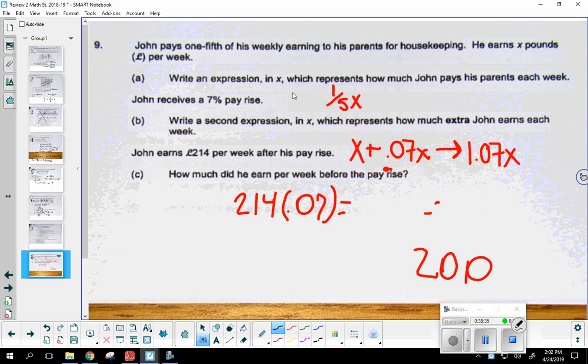I feel like I did 214 times 0.07 and subtracted that. Okay. So she did get 199.02, so it's close.